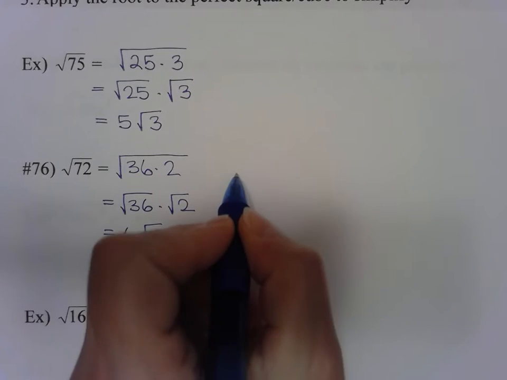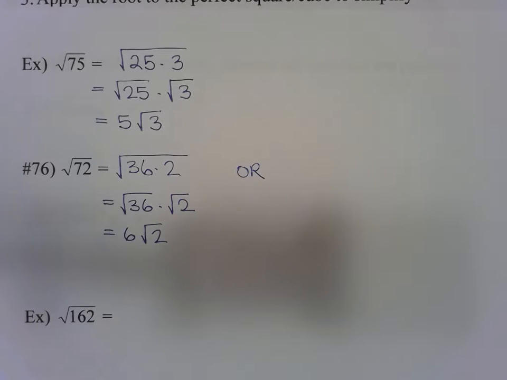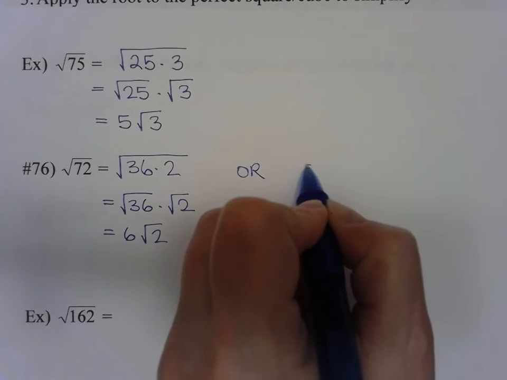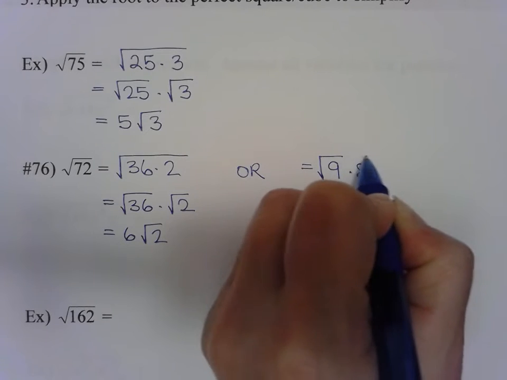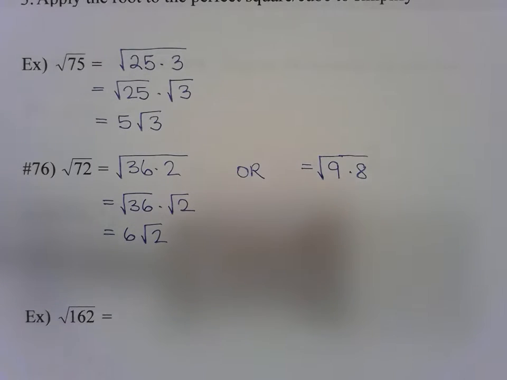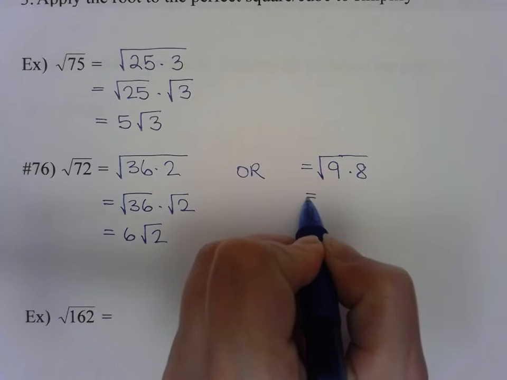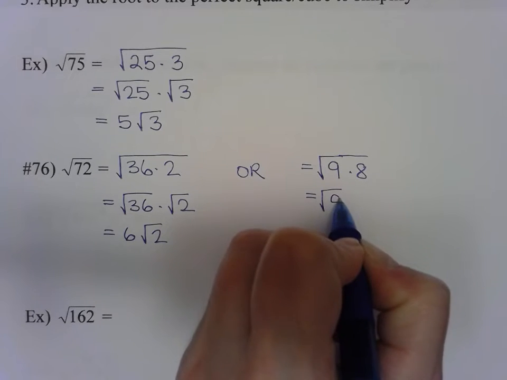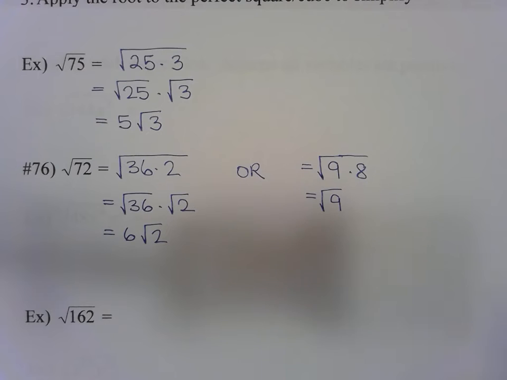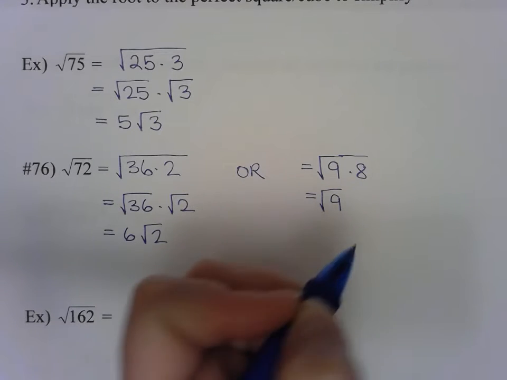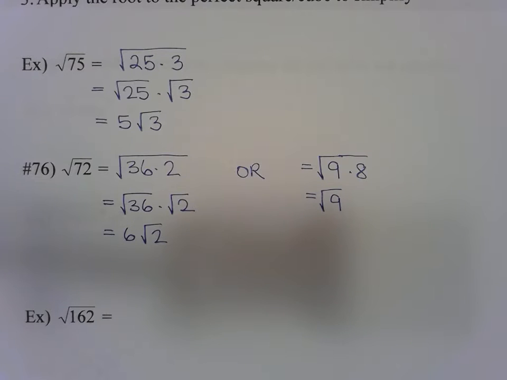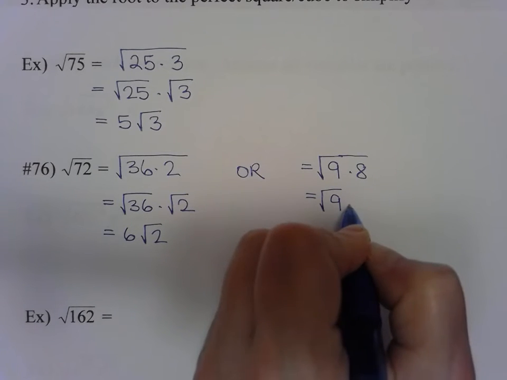Okay, let's say you did not see that. Let's say you were thinking 9 times 8. Okay, that'll work. The problem is that 9 is not the only perfect square hiding in this number, right? I could continue to break it down even more. So I could write the square root of 9 times the square root of 8, but I can also break up 8 into 4 times 2.